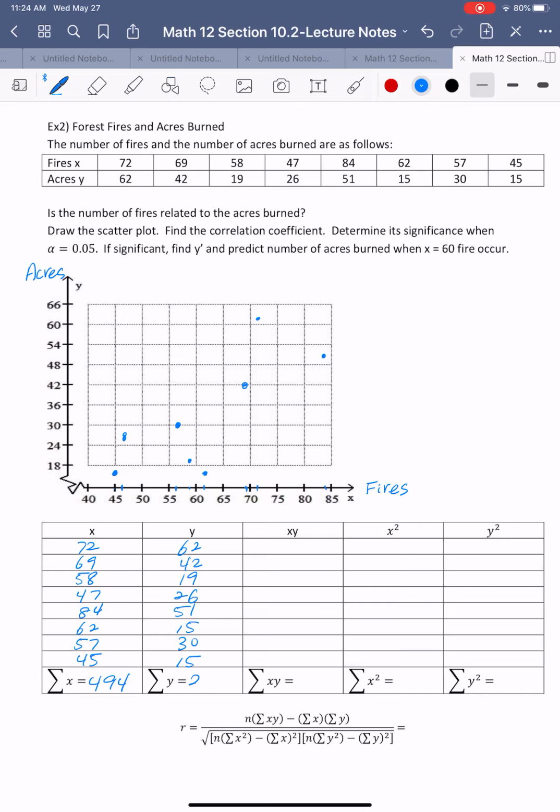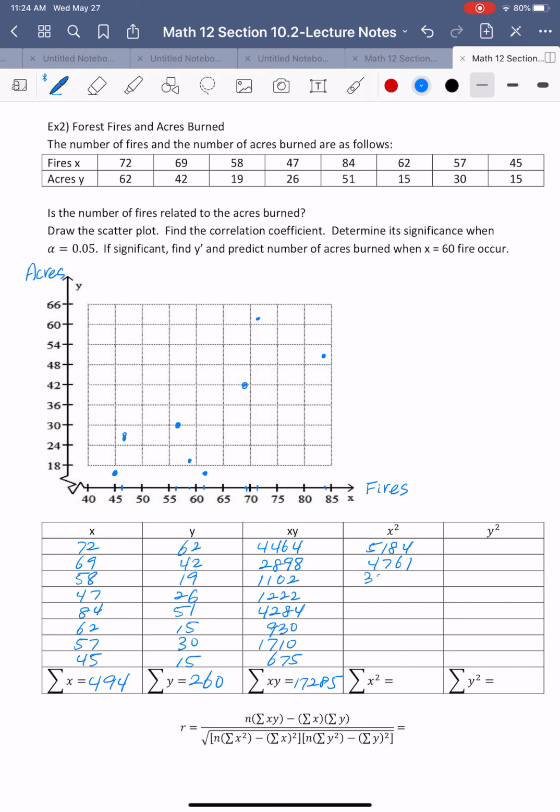The sum comes out to 260. And multiplying x and y, you get 4,464, 2,898, 1,102, 1,222, 4,284, 930, 1,710, 675, and the sum is 17,285.